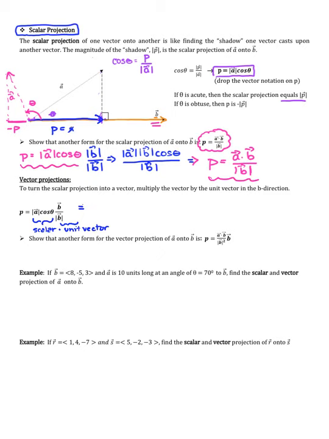So how does this then all come about? Well, we have from above, so this is really bringing this down, we had that P equals, so it's another form of this, the dot product over the magnitude of B, and if I multiply that by my unit vector, which is the vector B over the magnitude of B, you get this big ugly mess.